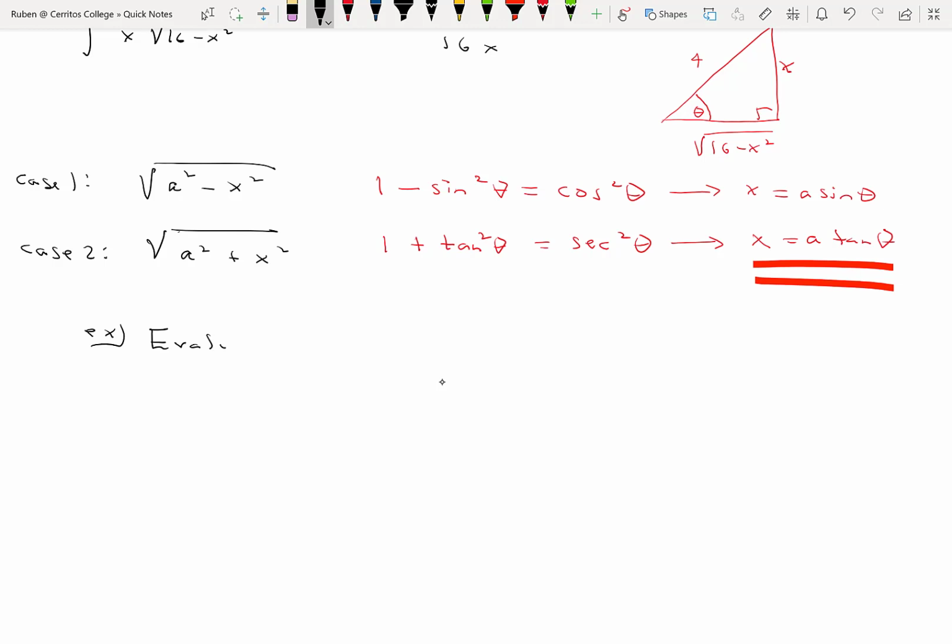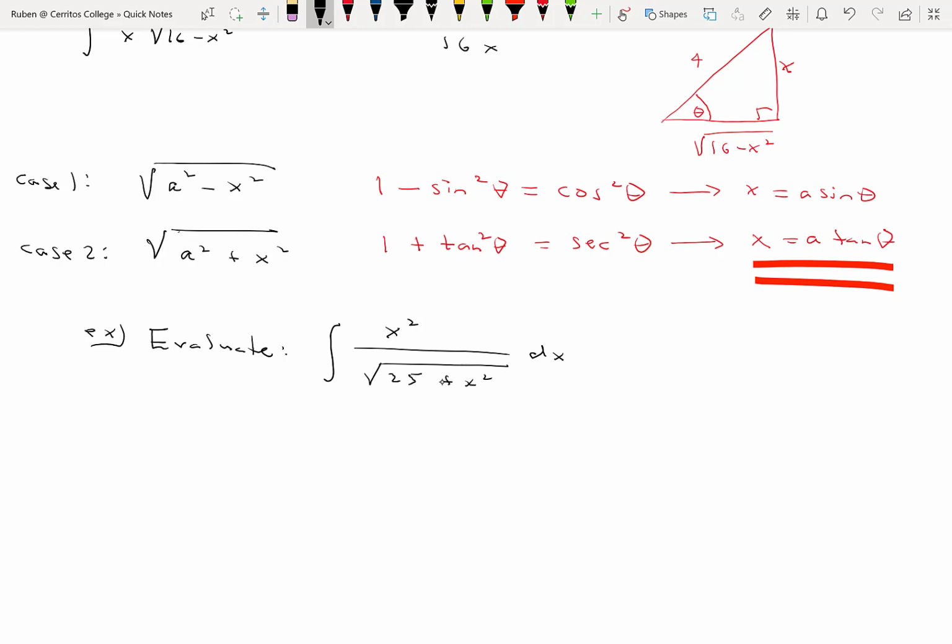Evaluate the integral of x squared over the square root of 25 plus x squared with respect to x. Calc 1 to do this, not going to happen.